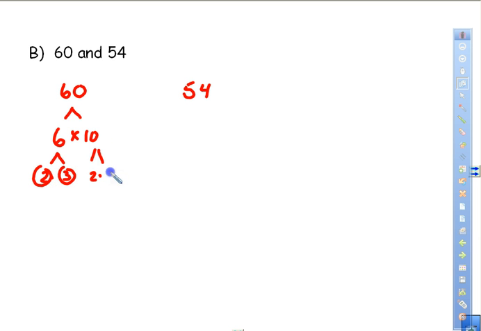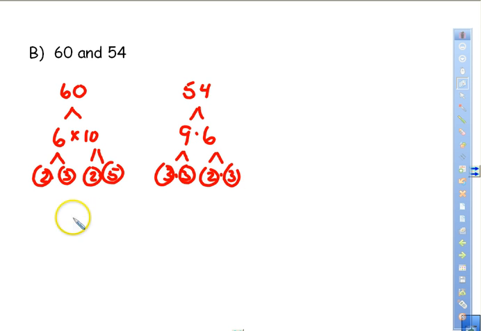And then I'm going to use 2 times 5. Those are both prime. Now I have 9 times 6, and then 3 times 3, both prime, and then 2 times 3, both prime. So I compare 2 times 2 times 3 times 5, and then I have 2 times 3 times 3 times 3.